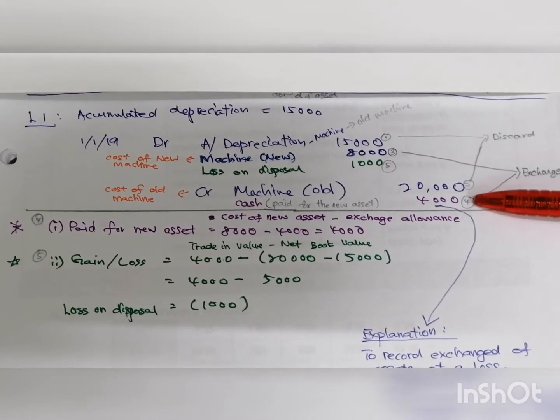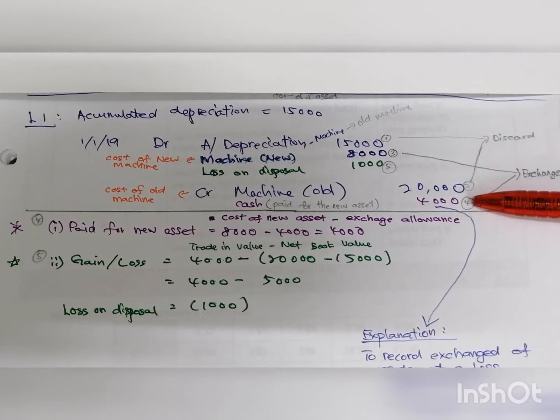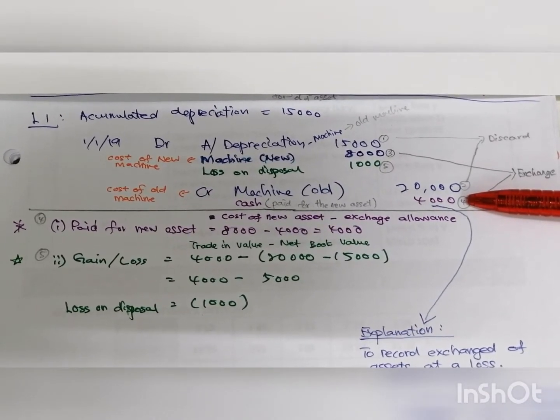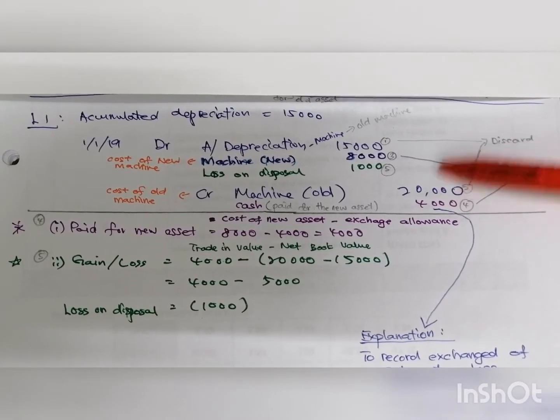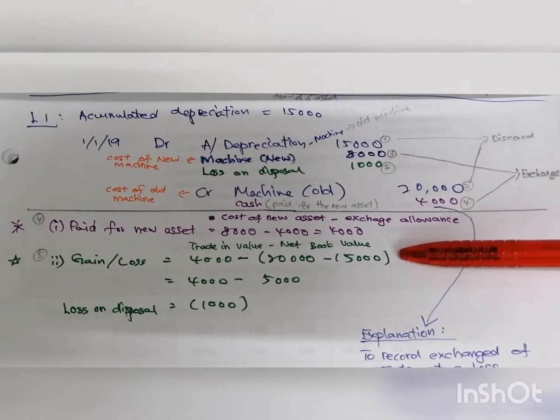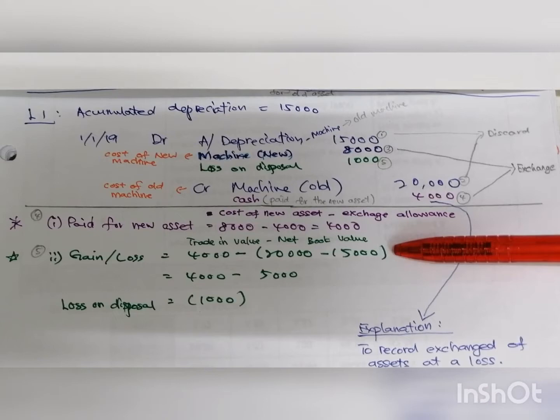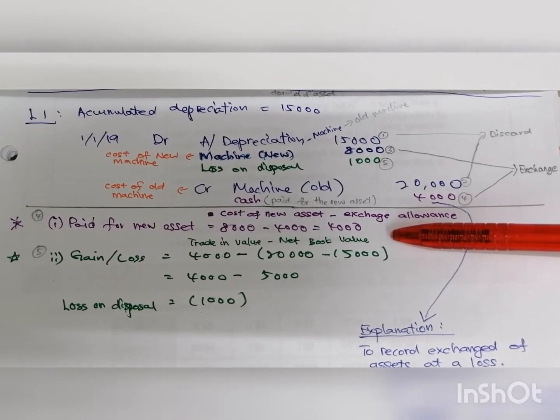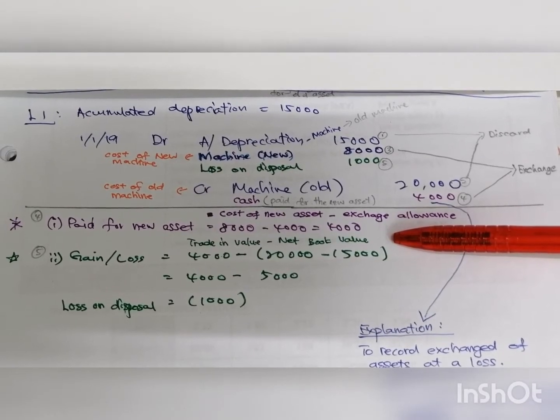So the next step, we will need to calculate the gain or loss for the journal. So this is the way. If we want to calculate the gain or loss, we should use the formula, the trade-in value minus the net book value.